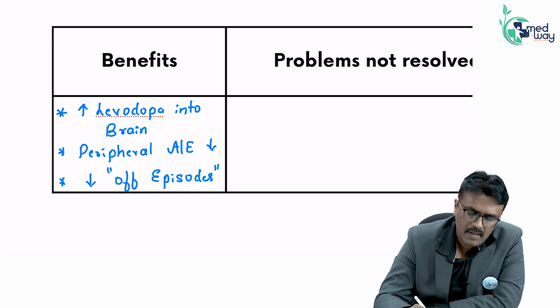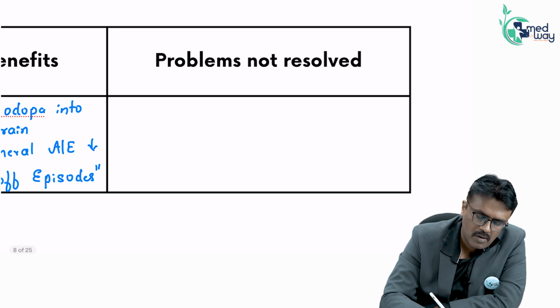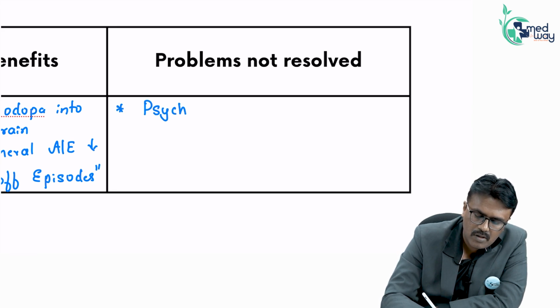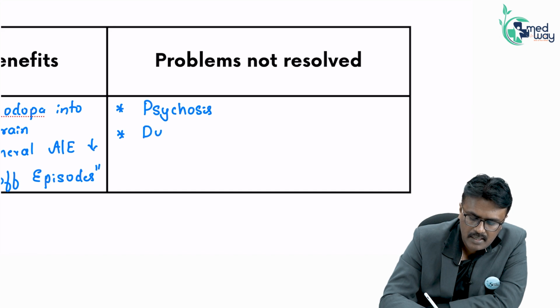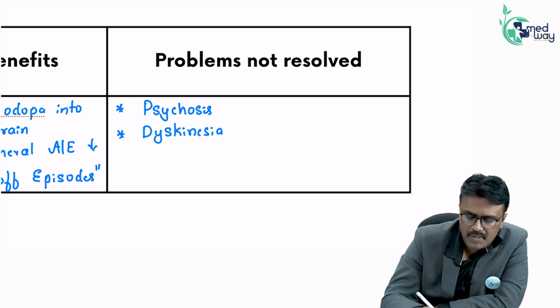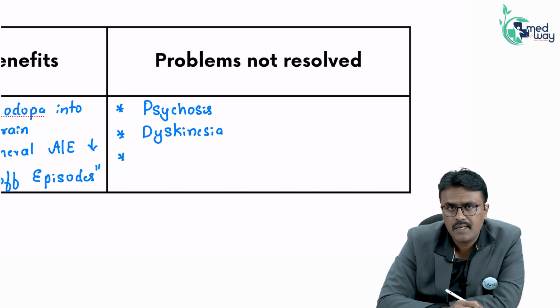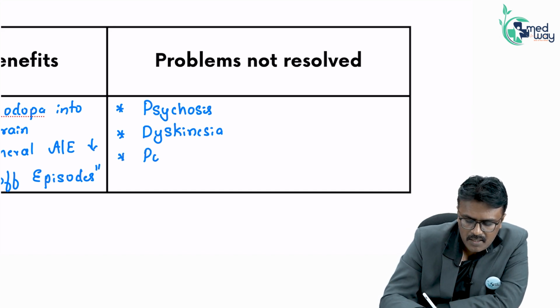Now, what problems are not resolved? Obviously, psychosis is not resolved. The next problem that is not resolved is dyskinesia, if you combine these two drugs. And the third problem, which KD Tripathi has given, is the postural hypotension problem.